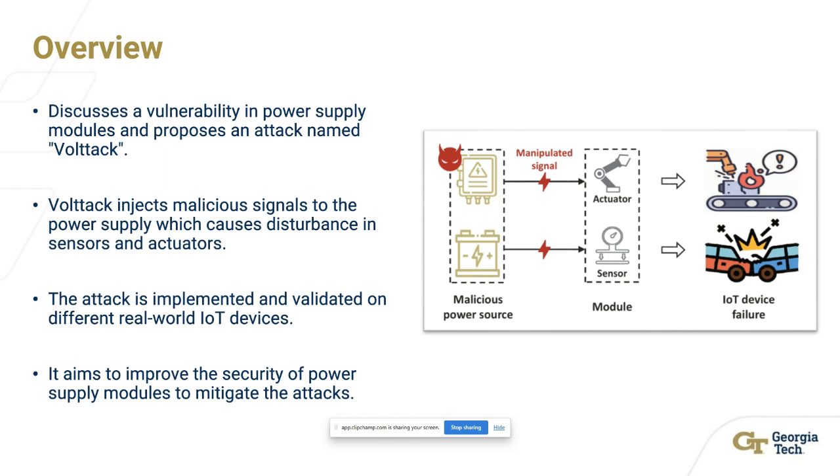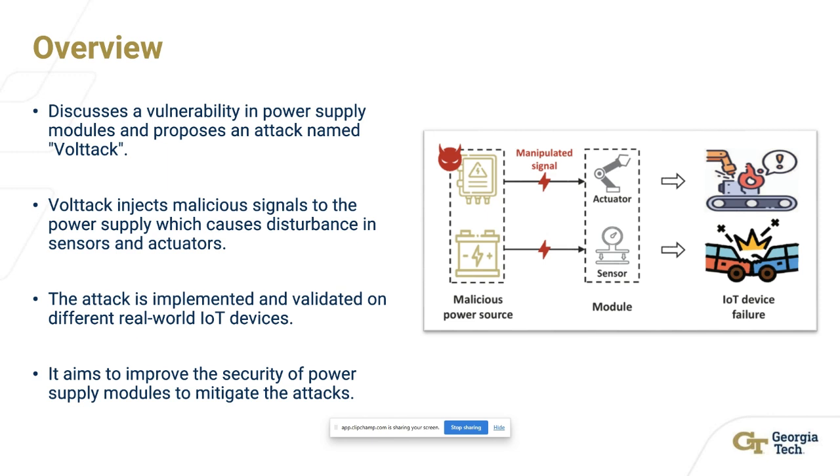These disturbances cause sensors and actuators to behave unpredictably, which can have serious real-world consequences. The study provides experimental validation using real IoT devices and proposes security improvements to mitigate this threat.